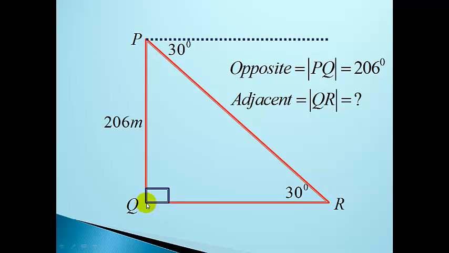And the distance from Q to R is the adjacent to the angle 30, and that is the distance we are searching for, from Q to R. So QR is question mark, but the opposite, that is PQ, is 206. Now, we are given the opposite, and we are calculating for the adjacent. So opposite over adjacent, we have to use the ratio tan, in order to calculate for the adjacent side, that is QR.